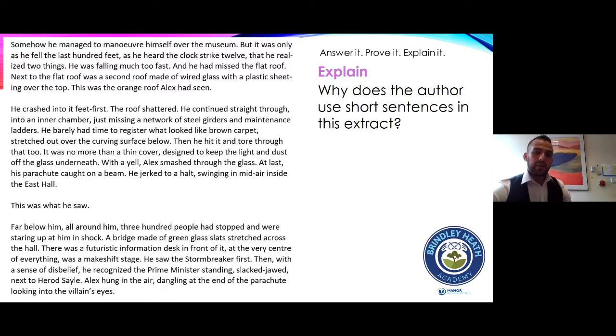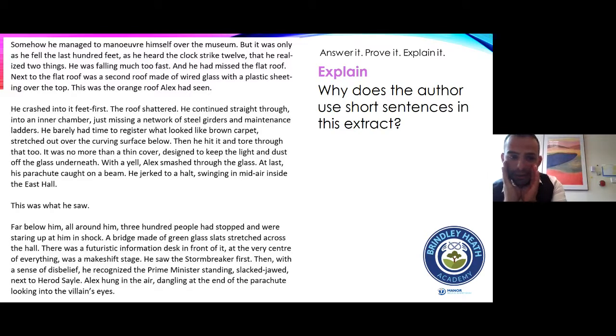So have a think about answering the question. What evidence is there in the text to help you to prove it? And then explain the importance of it. Why are the short sentences important? If you're struggling to find any short sentences, have a look in the first paragraph.